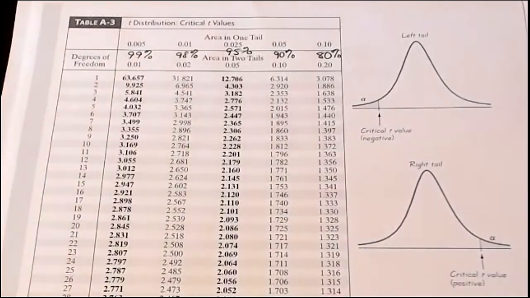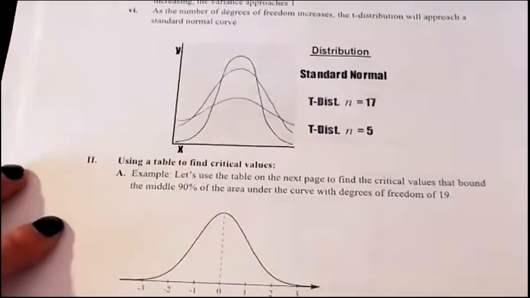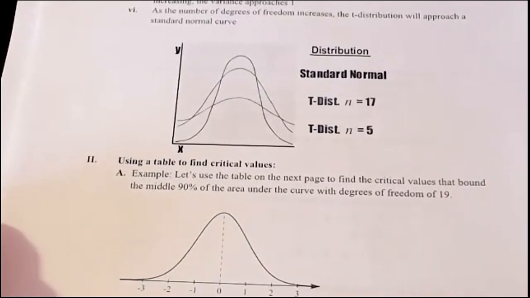Good. So let's go back to this question. We're going to keep our table handy, so definitely leave this aside. We want to use a table to find the critical values that bound the middle 90% of the area under the curve with degrees of freedom 19.